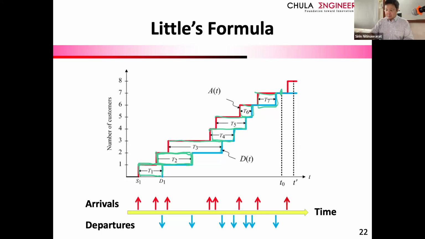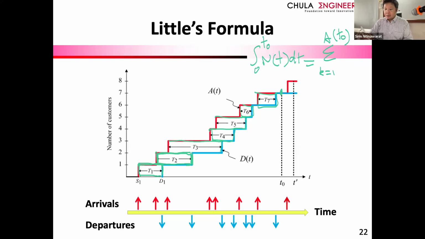So I can say that this integral of NT is equal to the sum over k equal to 1 to A of T0 of Tk.